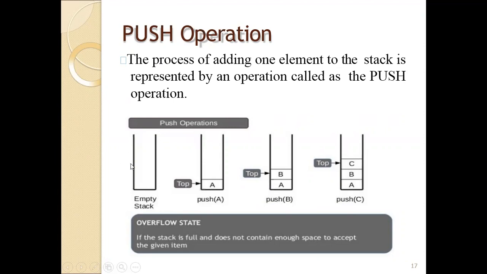Within that empty stack we perform push A, inserting element A, and now the top is A. Again we perform push B. Over A, element B gets inserted and top changes to B. Then push C: C gets inserted and top changes to C. Now if we perform a pop operation, C gets deleted from the stack and top is allocated again to B.